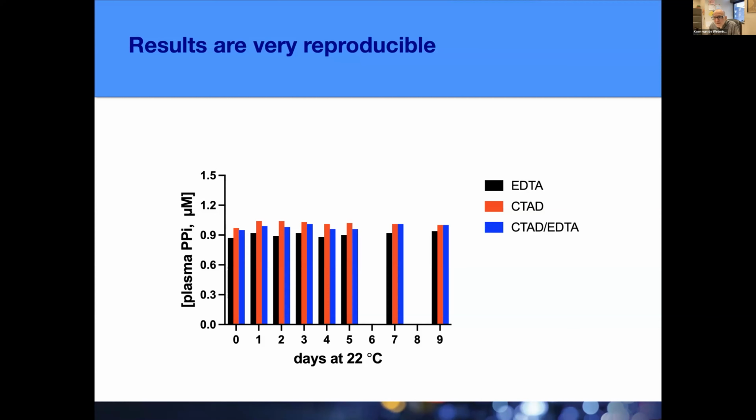So some habits might increase plasma pyrophosphate concentration, but we don't know how exactly this works. There's also indications that maybe if you are sleeping, plasma pyrophosphate concentrations go down, but we should do more extensive studies to really confirm that this is the case.